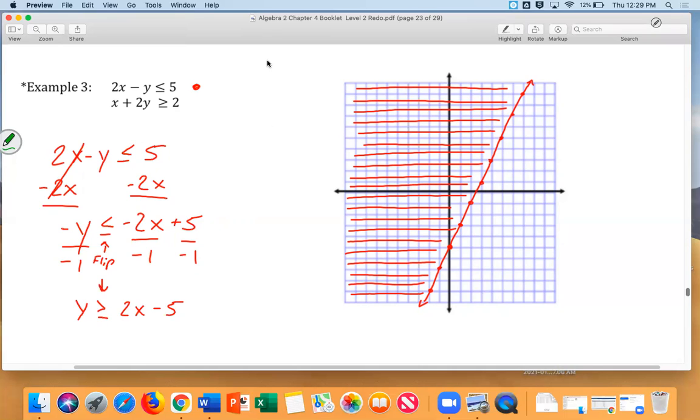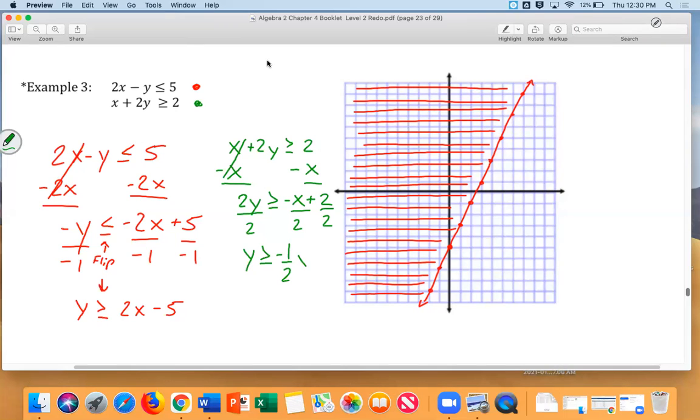All right, now this one, my green equation, x plus 2y is greater than 2. I'm going to subtract x. That's going to give me 2y is greater than or equal to negative x plus 2. Divide by 2, and I have y is greater than or equal to negative 1/2 x plus 1.